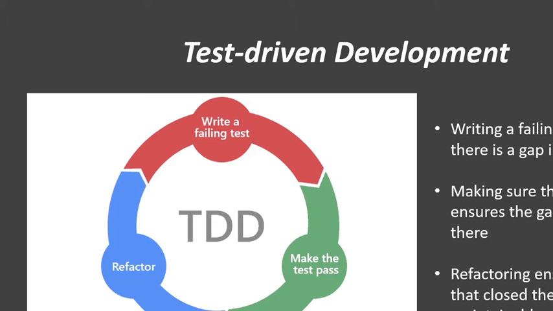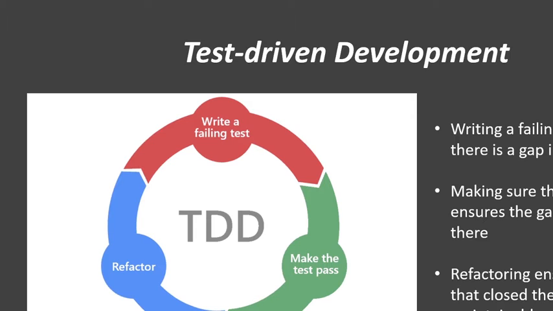So the steps sort of fall into this. We start by writing this test that fails to ensure there is a gap in the current code. If we don't have this step, we might write some code that doesn't actually fix anything. And then we make sure the test succeeds, so that gap is no longer there.